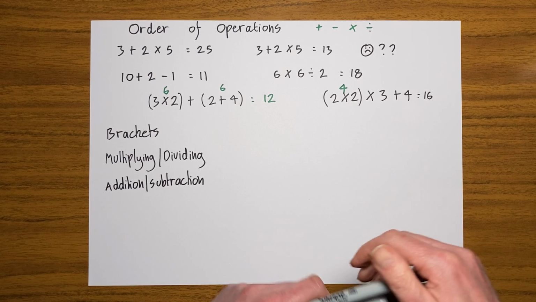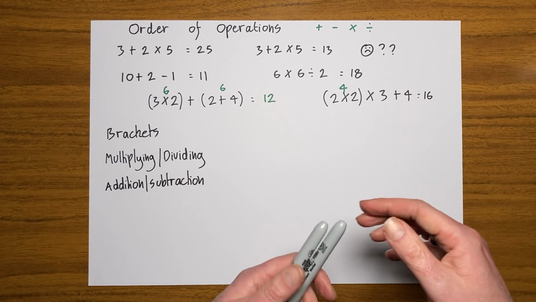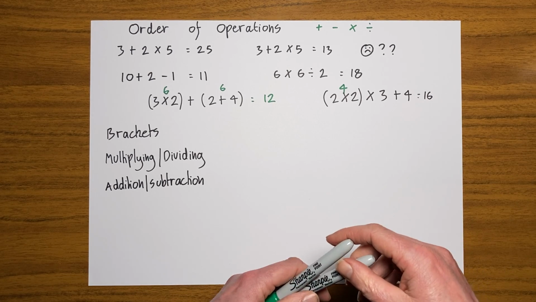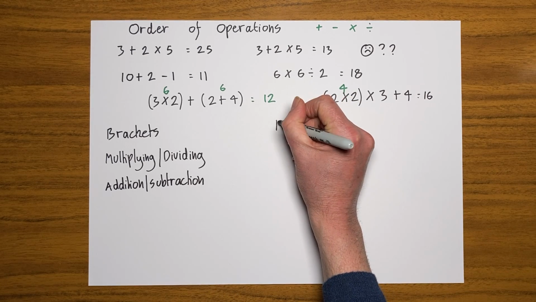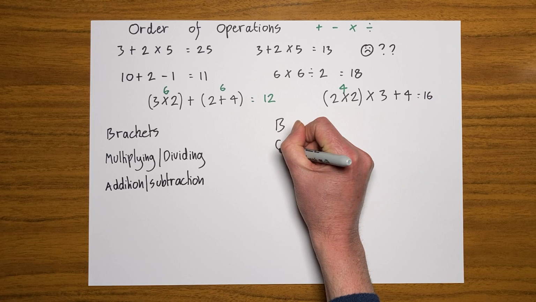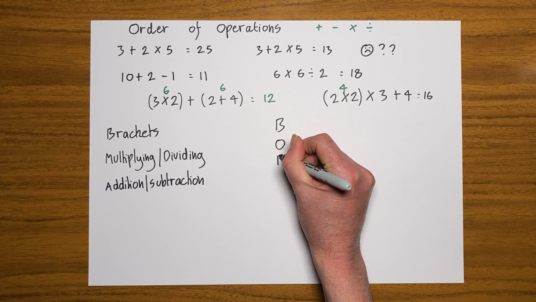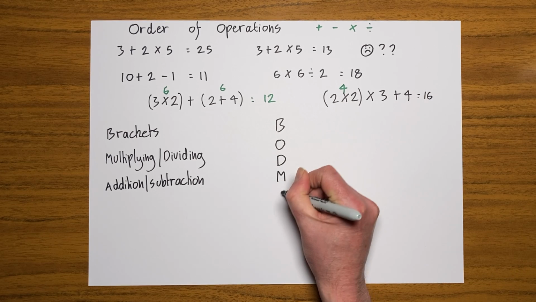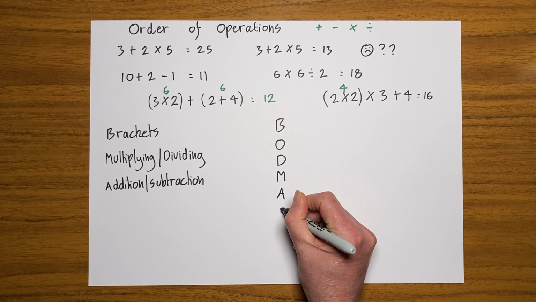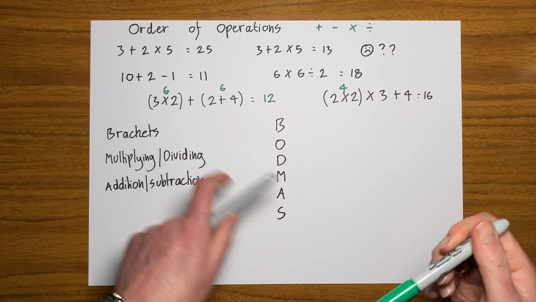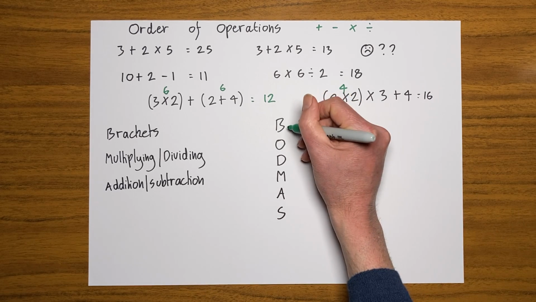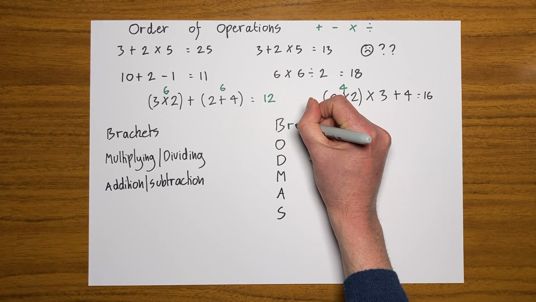And there's a way that you can remember this, which you may have heard, and you'll certainly come across it again, which is we write this down and we write out a word called BODMAS. And that will help you remember which order to do it in. So the first thing you're going to do is do brackets.